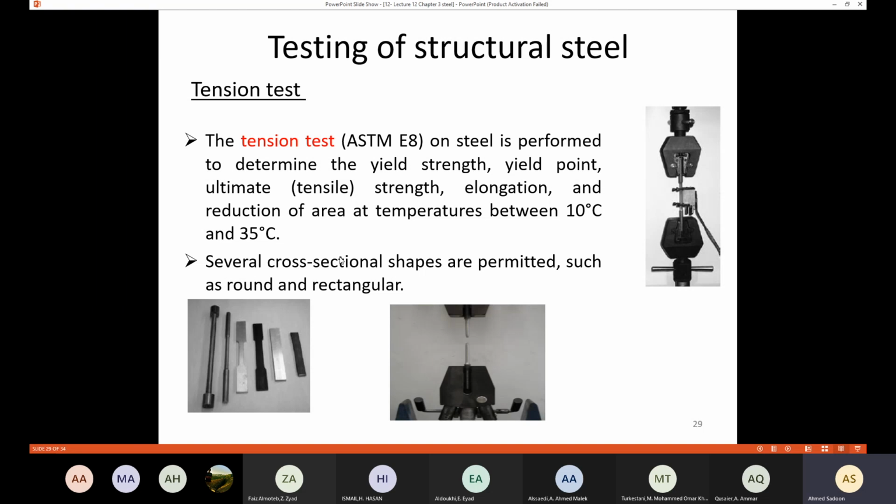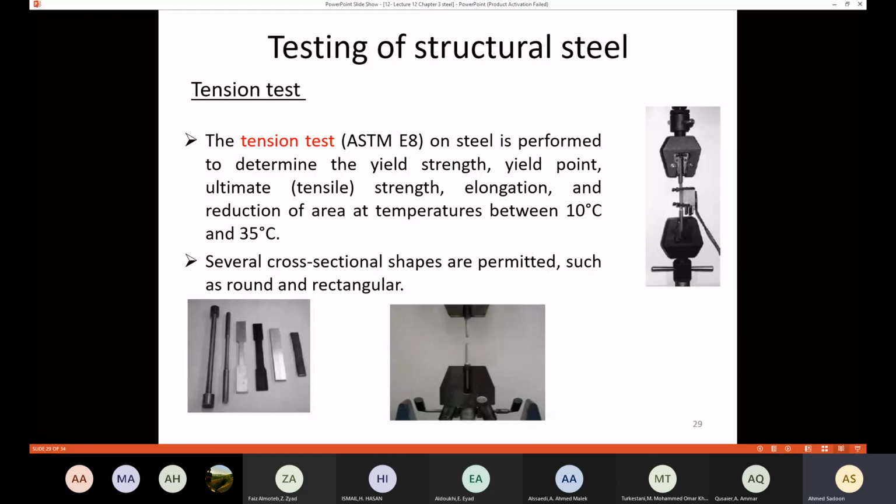We have several cross sections. Shapes such as round and rectangular are permitted, so you could use many types of specimen. Mainly, the most used one is the round cross section. Then we need to place the steel bar into the tension machine and attach a recorder in order to determine the elongation.